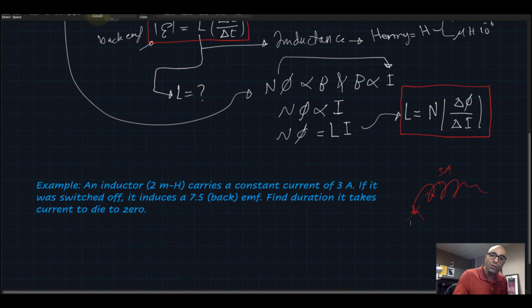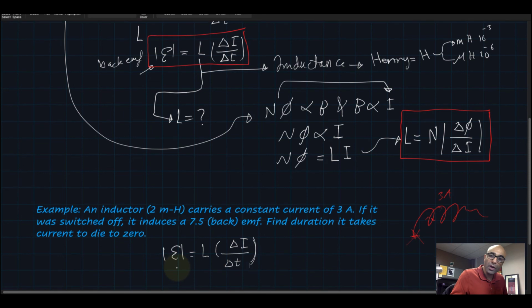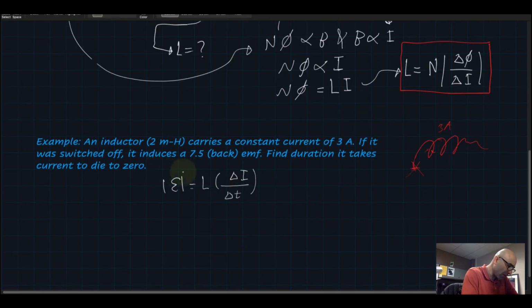So we can use this equation, which is E is equal to L, the change in the current with respect to time. To continue here, the back EMF that was produced is 7.5. We don't care if it's positive or negative because it's an absolute value. Now L is also given, 2 millihenry, so 2 times 10 to minus 3.